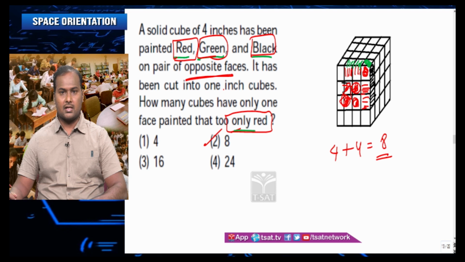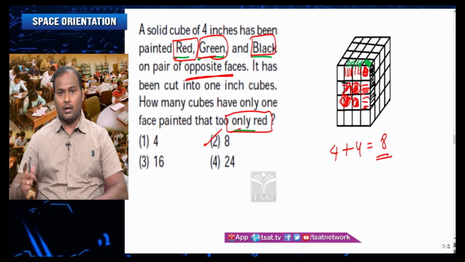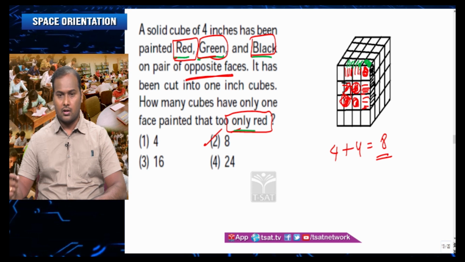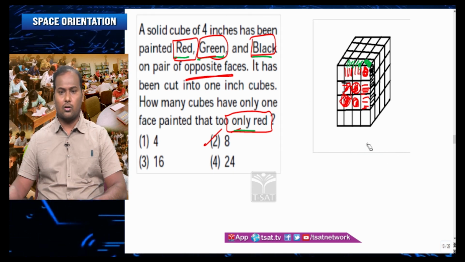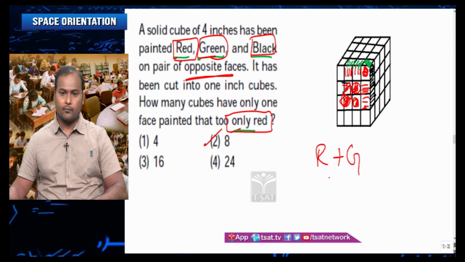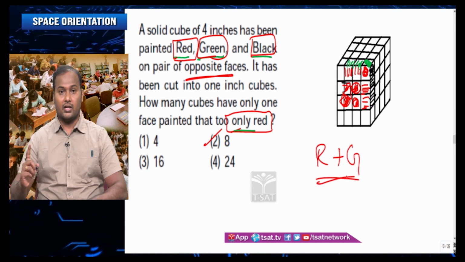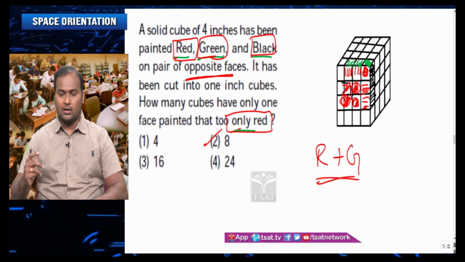If the same question is asking how many cubes with only red and green. If the question is like this: how many cubes with only red and green? When it is talking about only 2, the 2 with red and green, now you have to always take edges, because on edges we have 2 colors, on corners we have 3 colors.